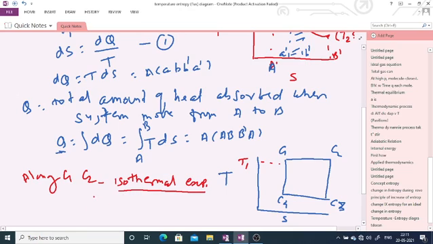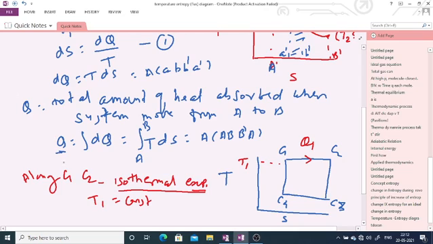In isothermal expansion, the temperature T1 is constant. There is an expansion, so there is work done, and that work is done by absorbing the heat Q1. That is the amount of heat absorbed by your system.